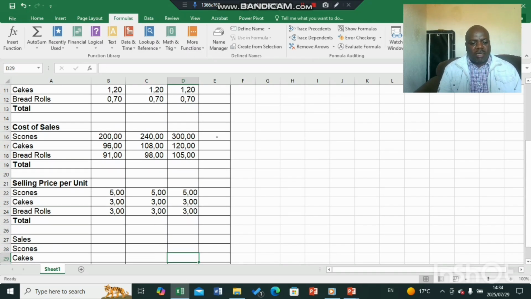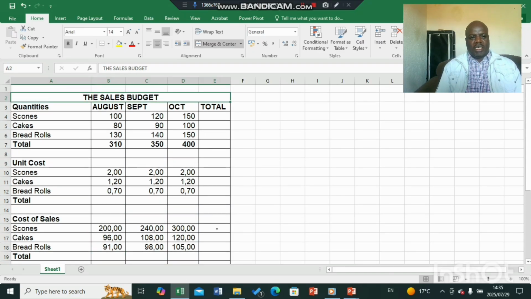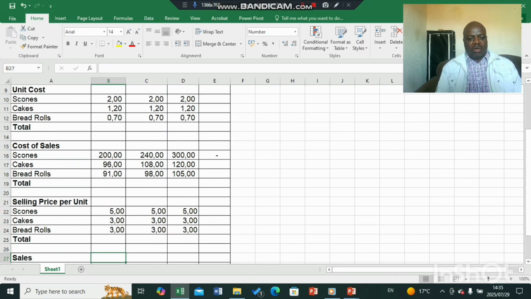Now we can determine our sales. How much sales are we planning to make? Scone, it's simple. We are going to multiply 100 by the selling price, which is 5.